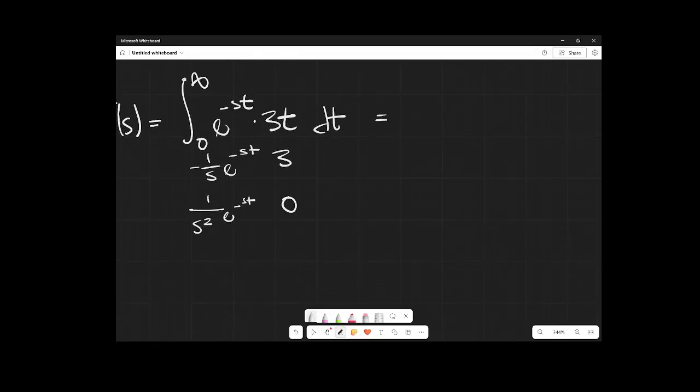So if I do that, let me write this on the other side here, so plus, minus, and we're going to go this way.